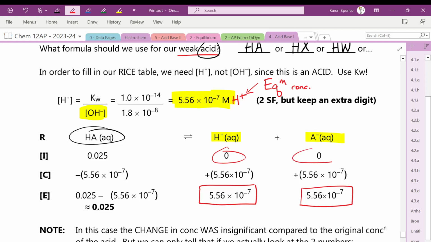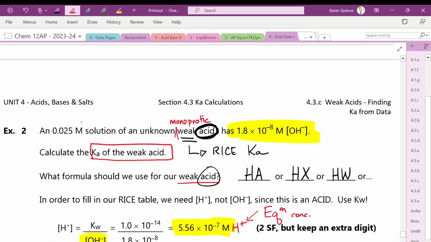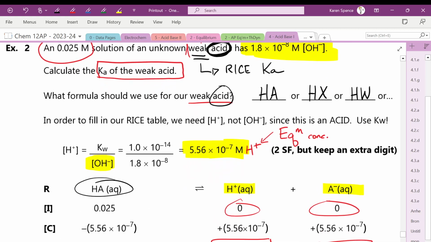Always 0 and 0. So we are told that our weak acid concentration is 0.025 molar. Is that the initial concentration or the equilibrium concentration? Initial. Concentration of HA, initial.